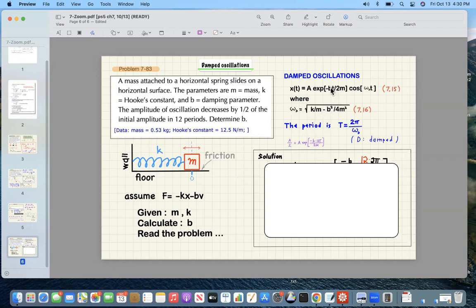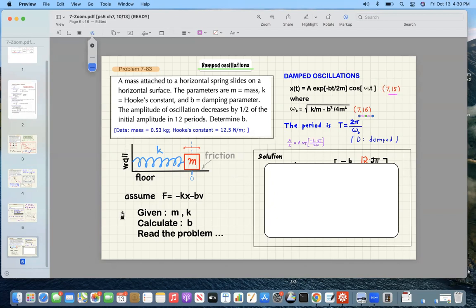You know, if there were no damping, B would be 0. And then omega would be the square root of K over M. Just a mass on a spring. But if there's damping, omega is a little less than the square root of K over M. So again, that's in the chapter. Make sure you have these equations written down.